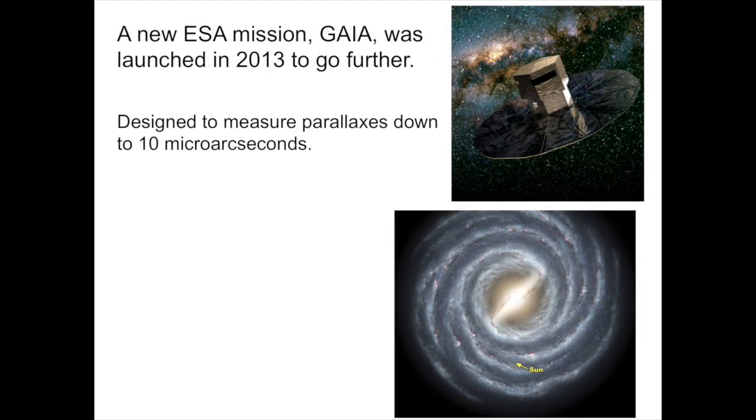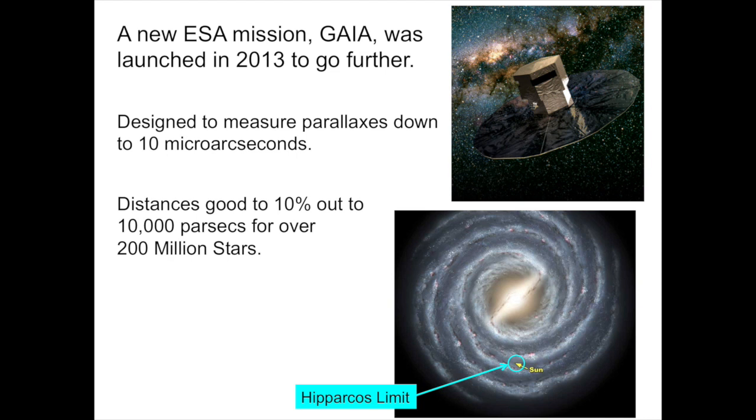As a consequence, a new European Space Agency mission named Gaia was launched in 2013 that tries to go even further. Gaia was designed to measure parallaxes down to 10 microarcseconds, 10 millionths of an arcsecond. This gives you distances good to a 10% precision out to 10,000 parsecs for over 200 million stars.